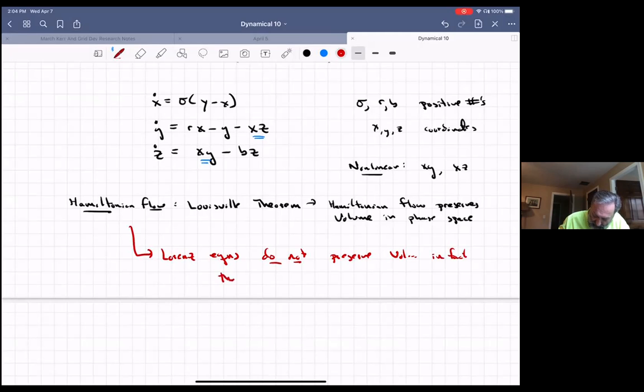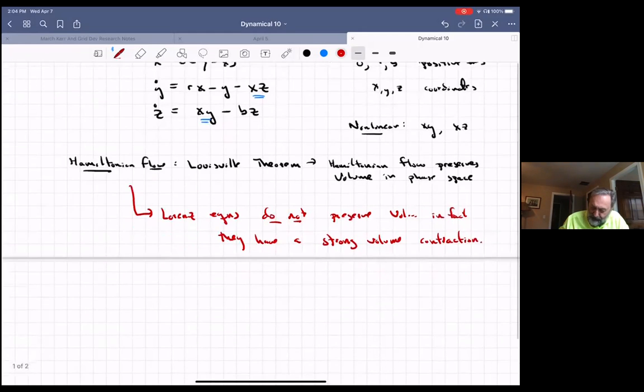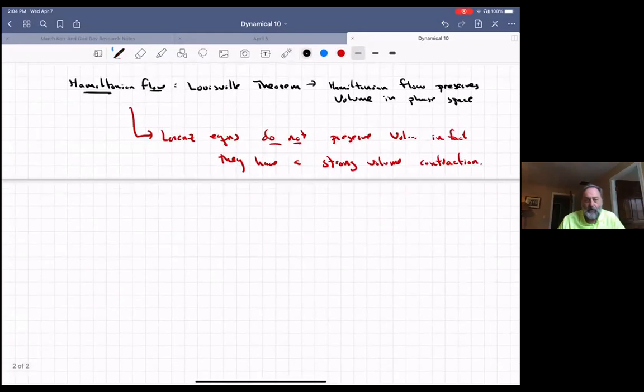In fact, they have a strong volume contraction. And it's worth understanding and proving that there's a volume contraction, right? So the volume under the flow of any region in phase space is going to go to zero, which is really kind of critical, right?